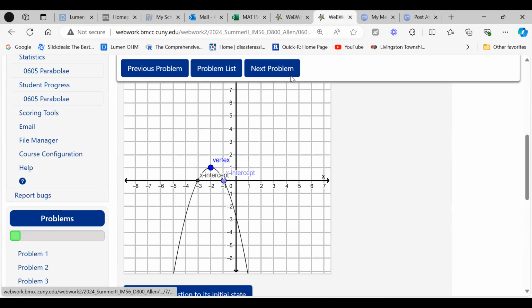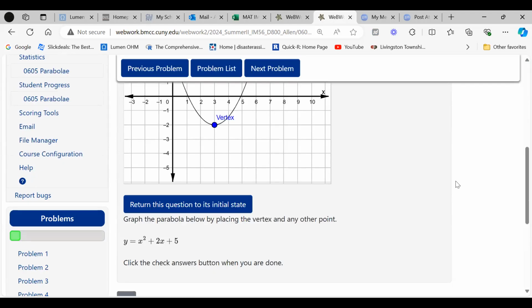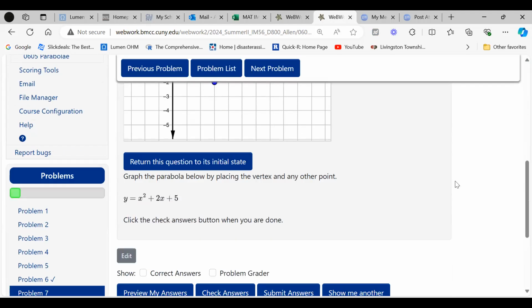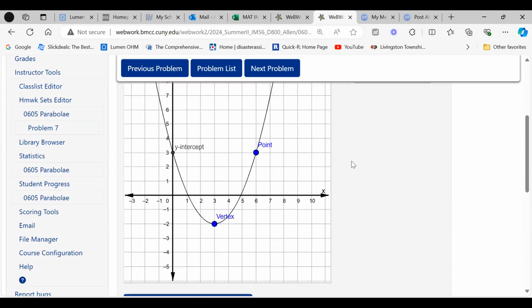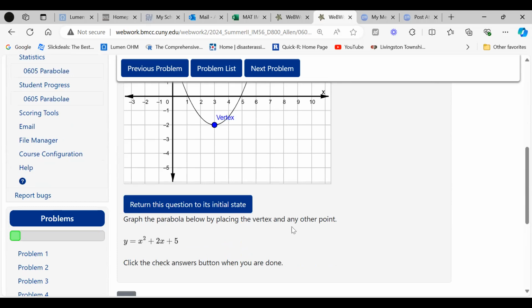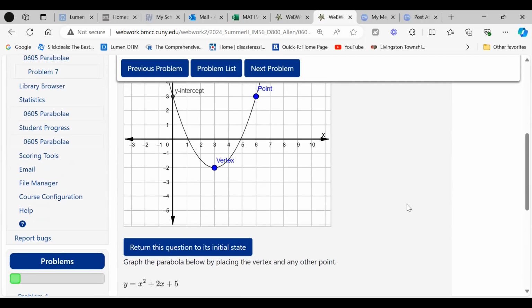Okay, then problem 7. It's very similar. We can find it by plugging in the vertex and any other point. So we can use the x-intercept or y-intercept, whichever you want to do, right?